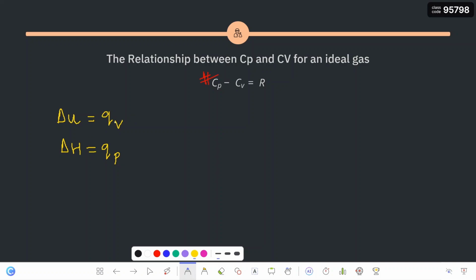So, we know Q is equal to C delta T. That we have seen just before this.